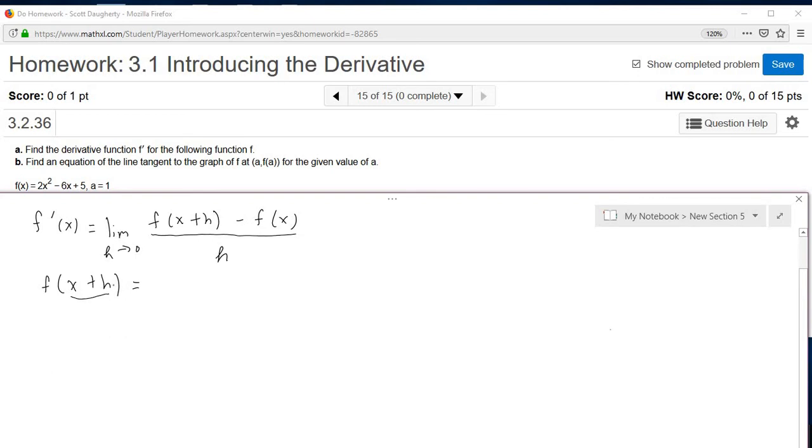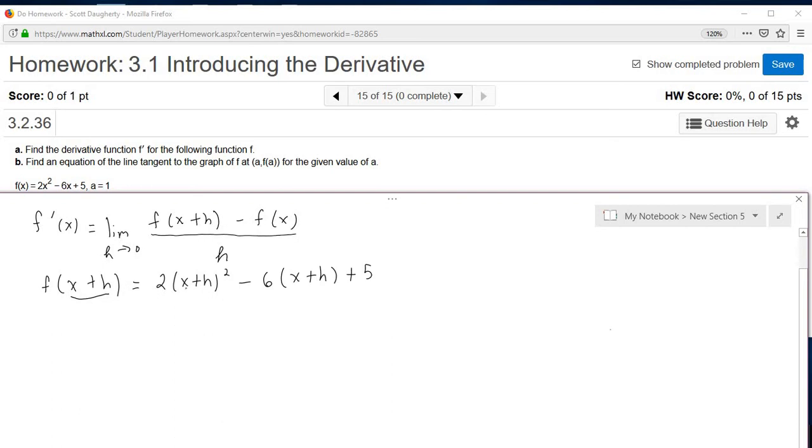So if you put x plus h into this function, it's going to take it and square it first, and then multiply that by 2, and then subtract 6 times whatever you put into it, which is x plus h, and then add 5 to that. So this is what's going to come out. This is the output.